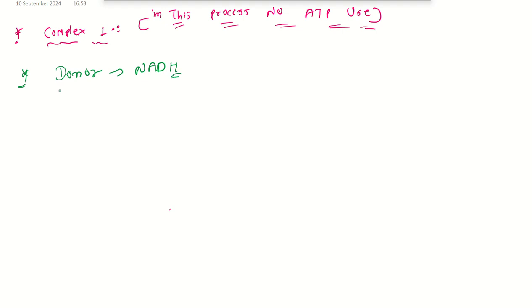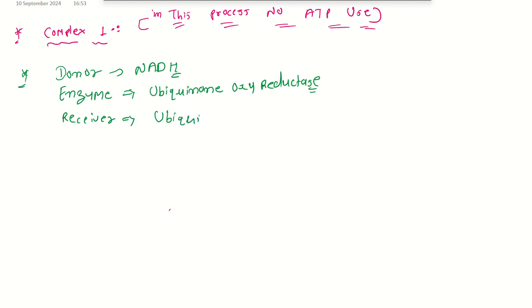The enzyme is ubiquinone oxidoreductase. The receiver is very simple: ubiquinone, also called Q10.